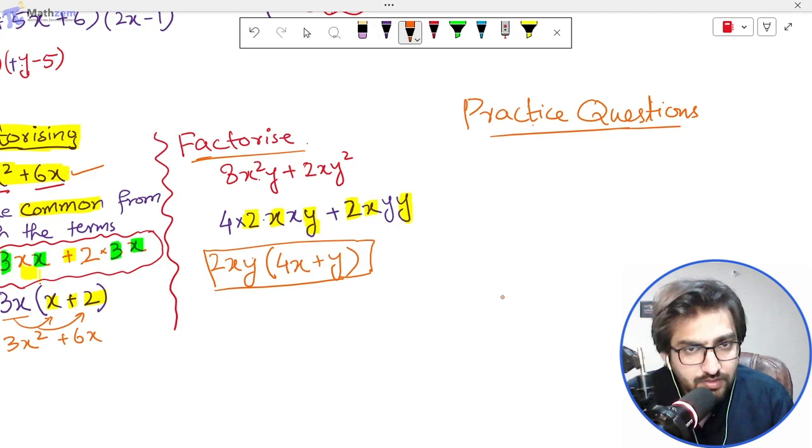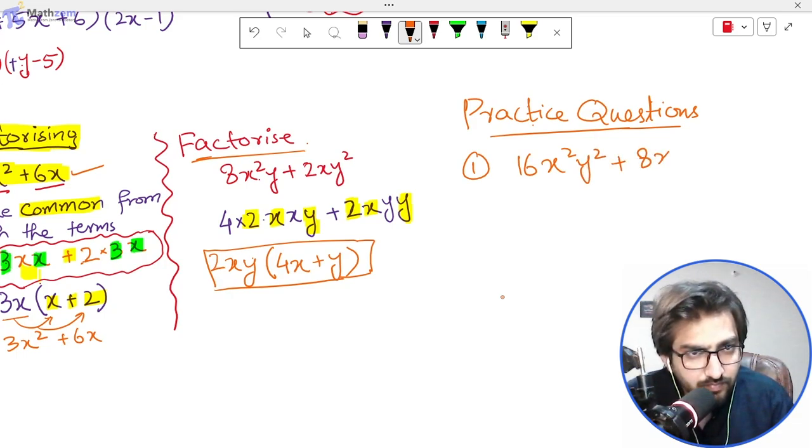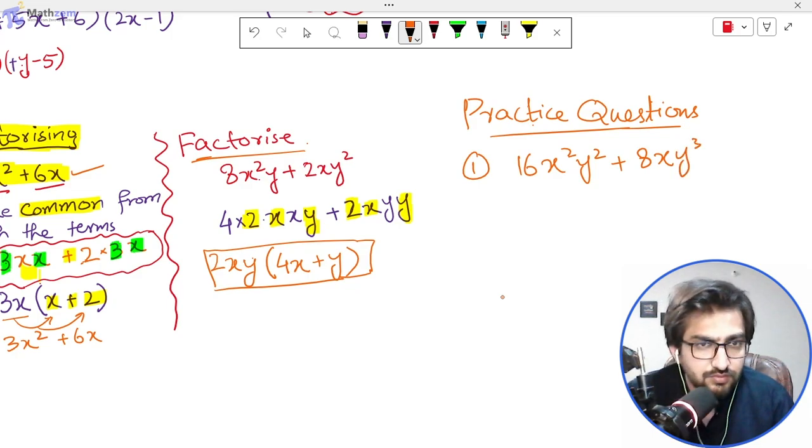So question number 1 is 16x square y square plus 8x y cube.